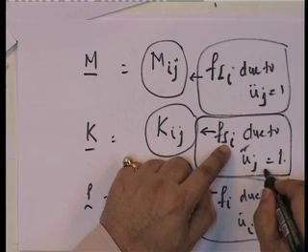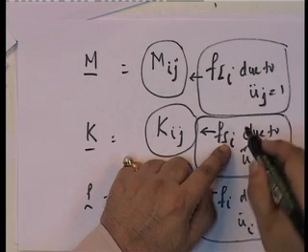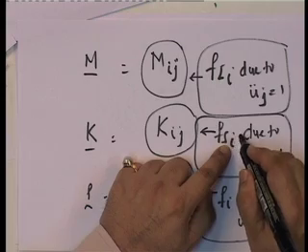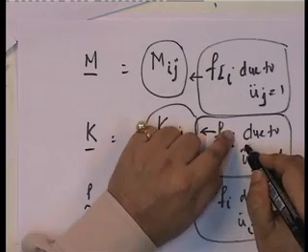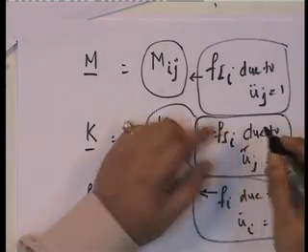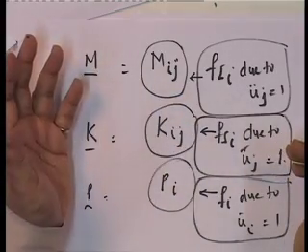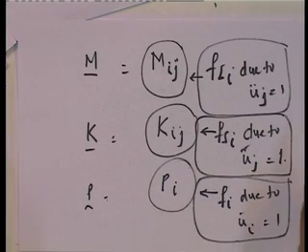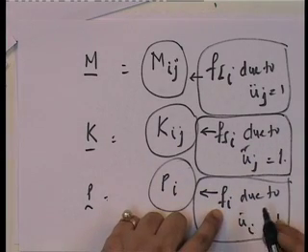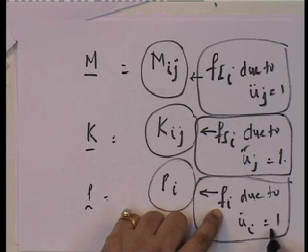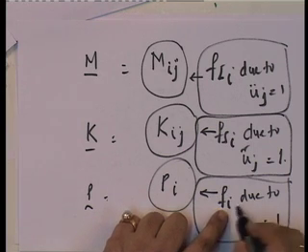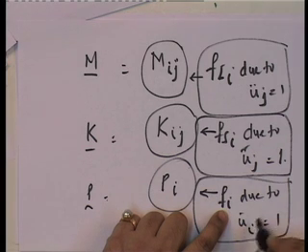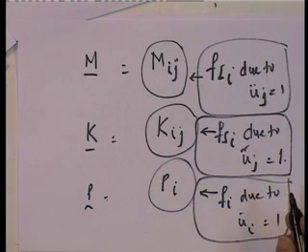Well, give it a unit displacement, find out all the elastic forces, and then give a virtual displacement corresponding to i and find out the work done by all the spring forces, elastic forces, and that is your K i j. And what is P i? Well, I give a virtual displacement corresponding to this and find out the work done by all the applied loads. If I do that, I am done.